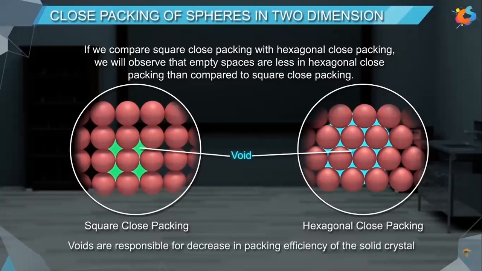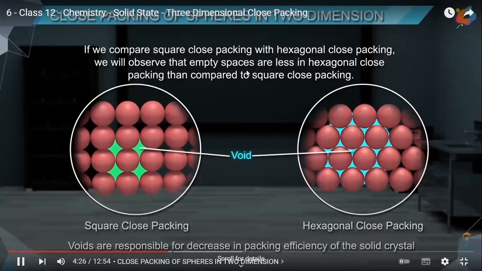These voids are responsible for decrease in packing efficiency of the solid crystal. The more the number of voids, the less is the packing efficiency of the crystal. Now, you must be wondering what is meant by packing efficiency. We will discuss this in a later part of the section.